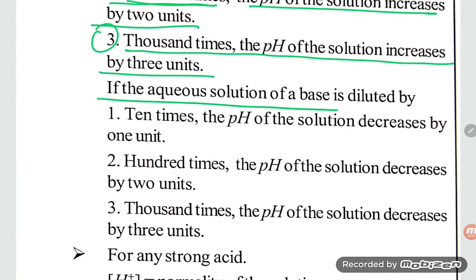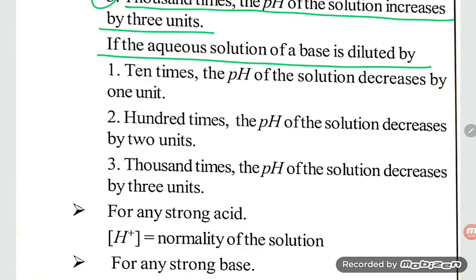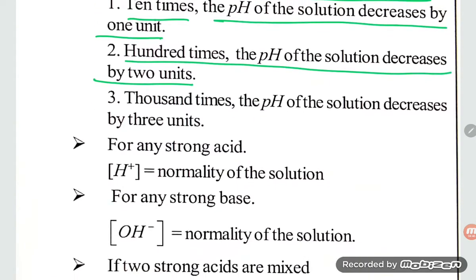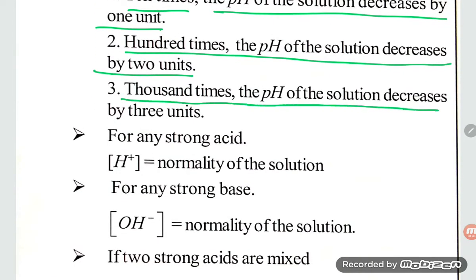If the aqueous solution of a base is diluted by 10 times, the pH of the solution decreases by 1 unit. 100 times, the pH decreases by 2 units, and 1000 times, the pH decreases by 3 units.